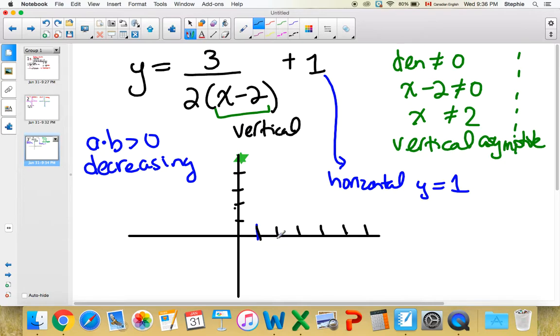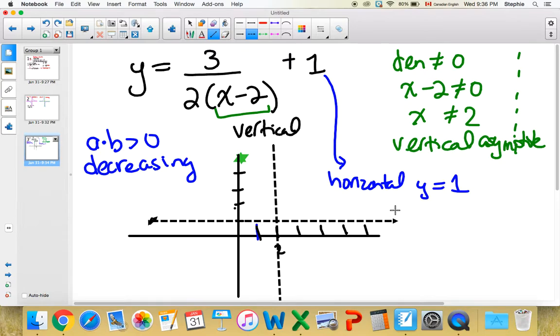Okay, I have a vertical asymptote at 2. So I'm going to literally draw a vertical asymptote right there. Then I'm going to go to my 1 and put the horizontal. You get the idea. Having some issues here. All right.